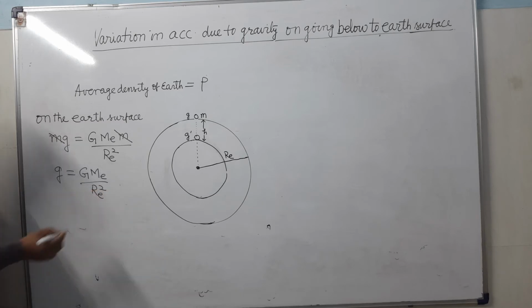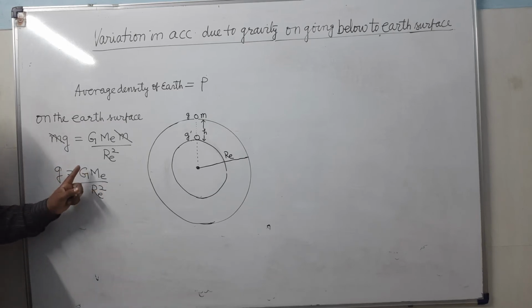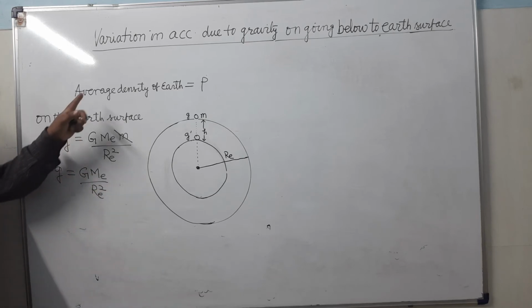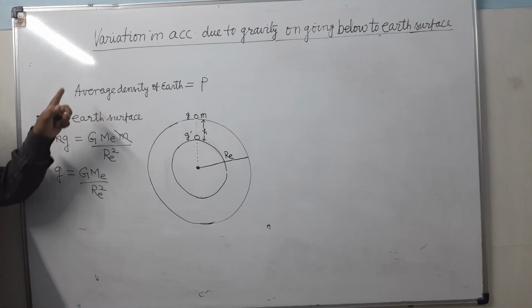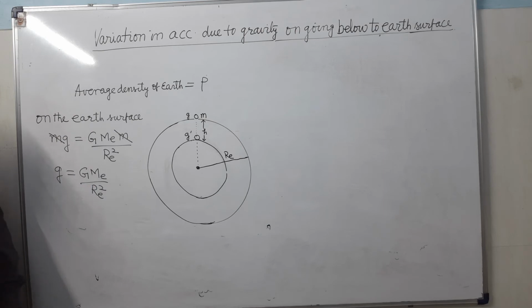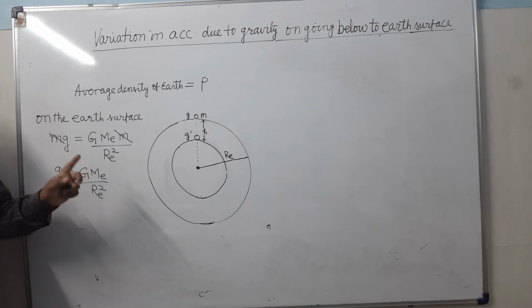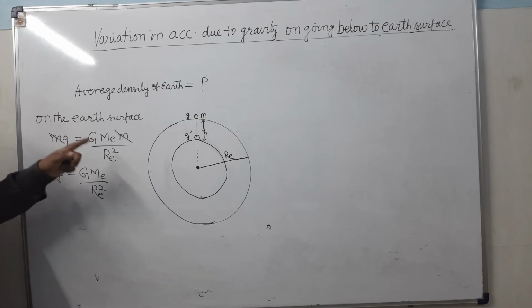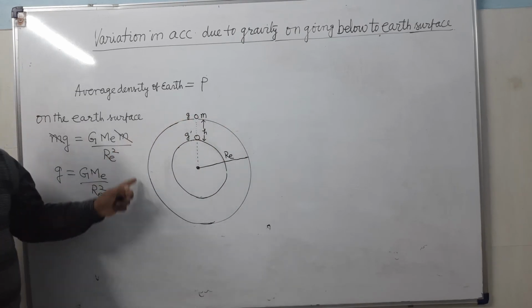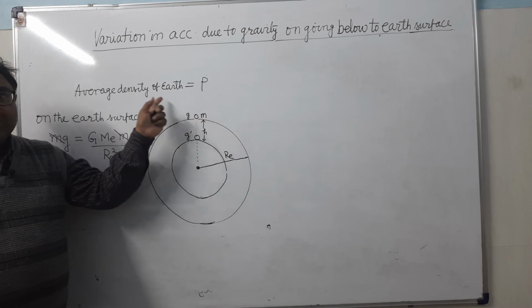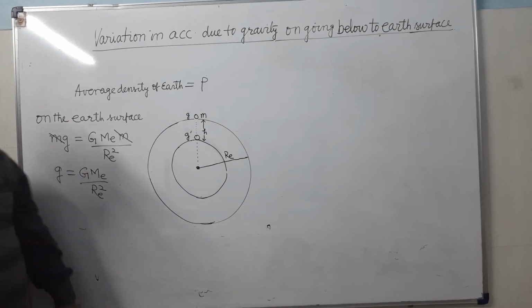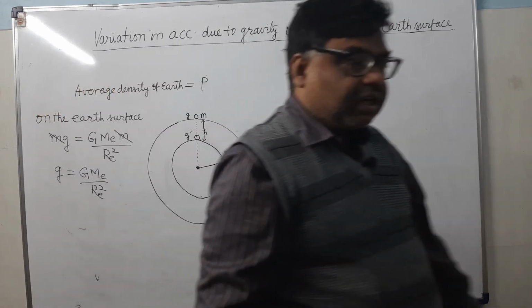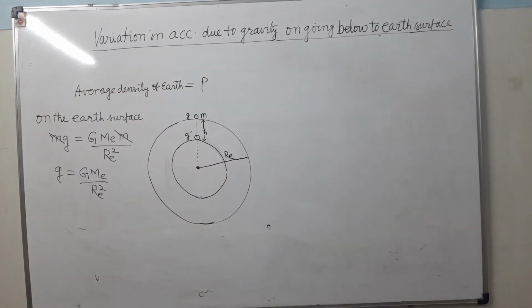Now what will you do? We will write the mass of the earth in terms of the density. What is the formula of mass? Volume into density. Now what will be the volume of the earth sphere? It will be equal to 4/3 pi Re cube.